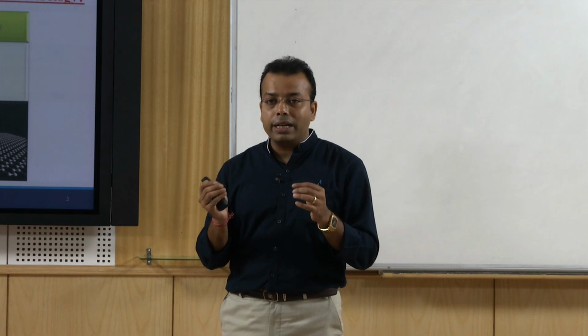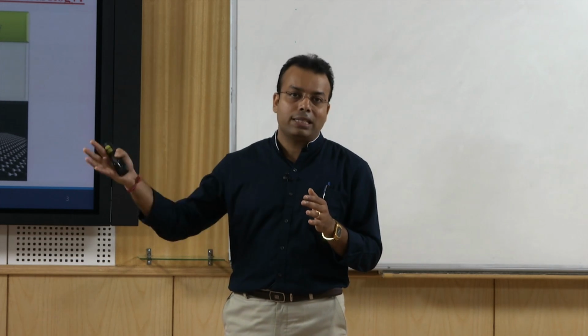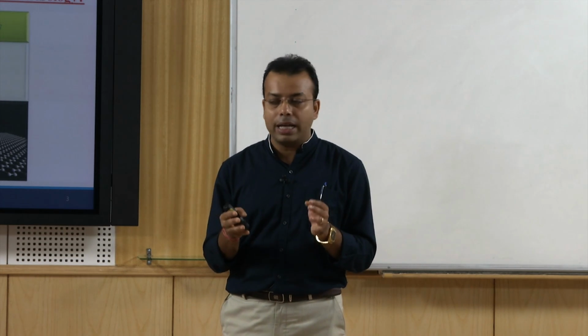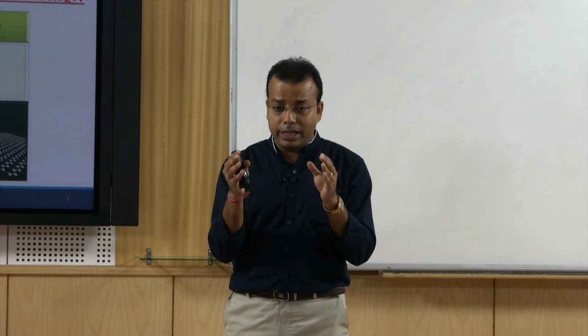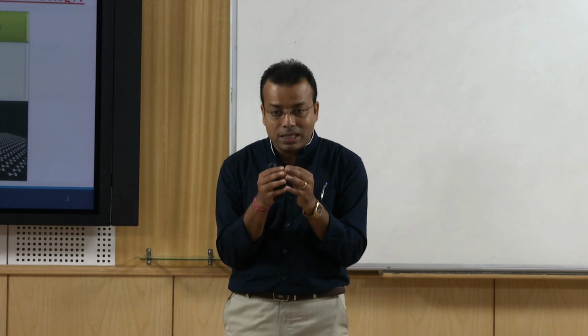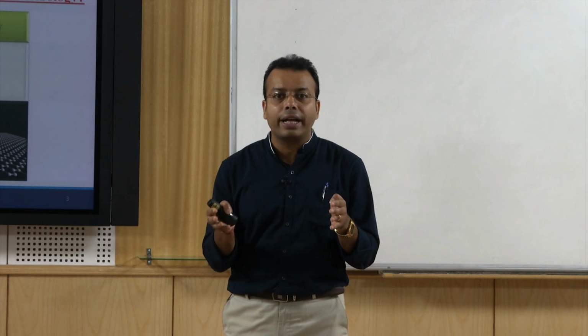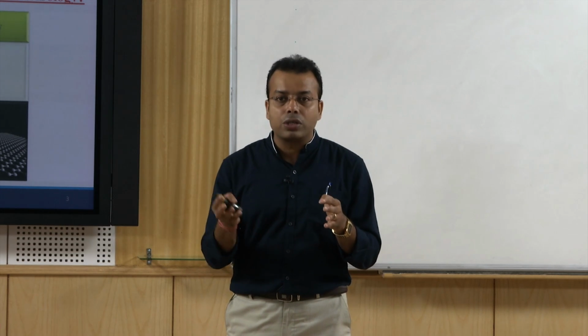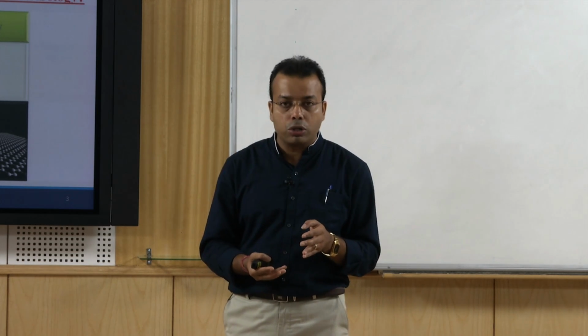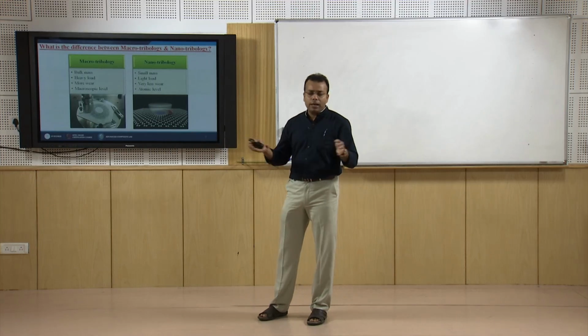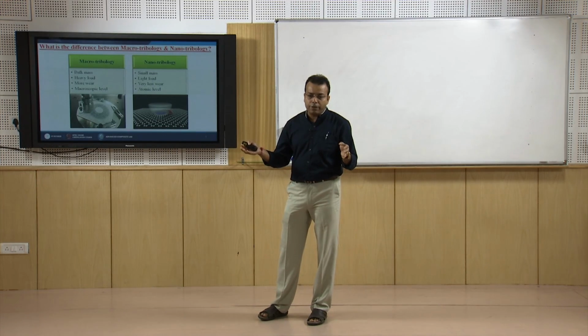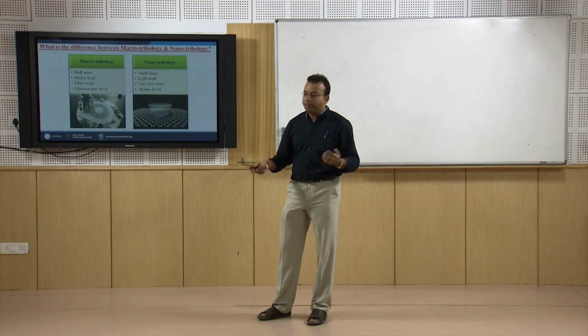We can't use the maximum load as at the macroscopic level, because the size and shape of that material is small; they are sophisticated, so they can't bear that high load. Sometimes we give a low load. So there are several differences between the macroscopic level and the microscopic level.